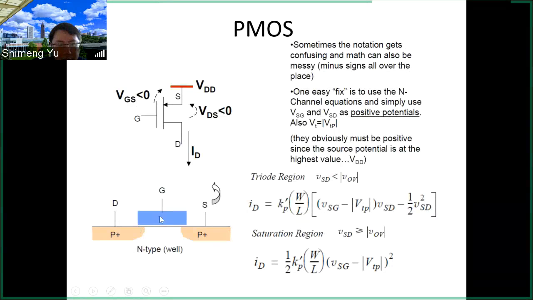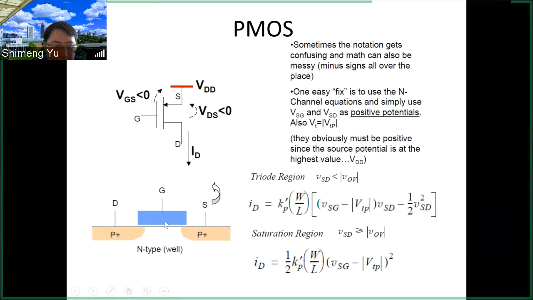You have the oxide between the gate and the channel, and then you have terminals for the gate, source, and drain. So those are the same. The only difference between P-type and N-type in the structure is that the doping is opposite. For the P-type MOSFET, the substrate or the body is N-type.